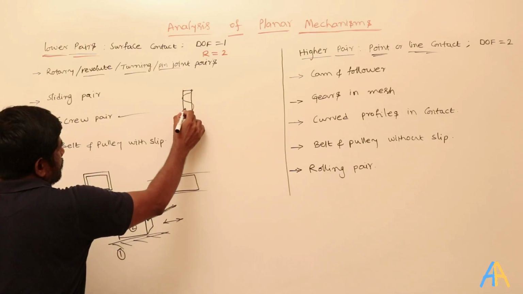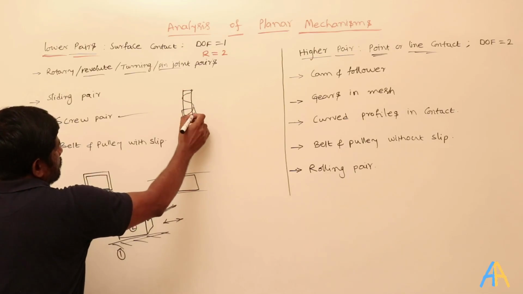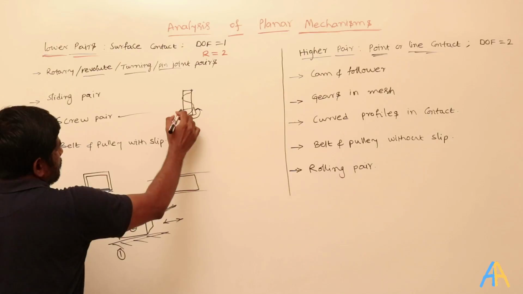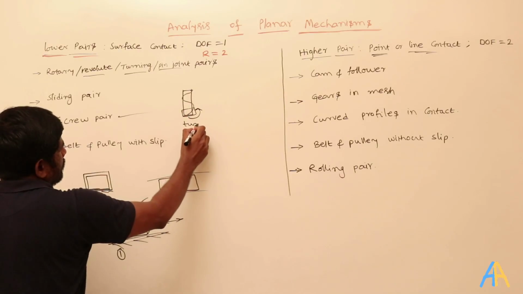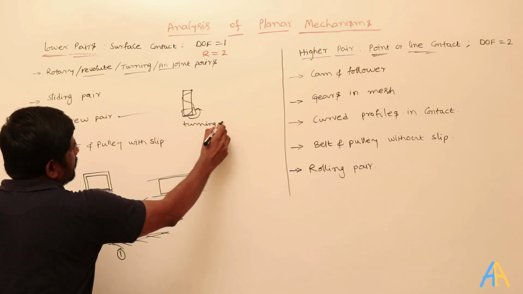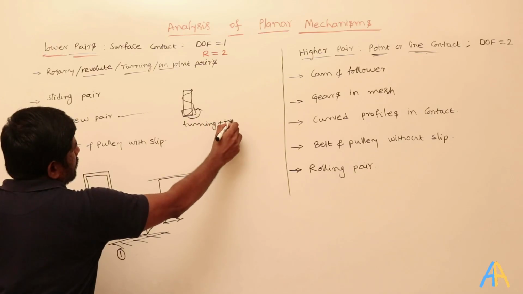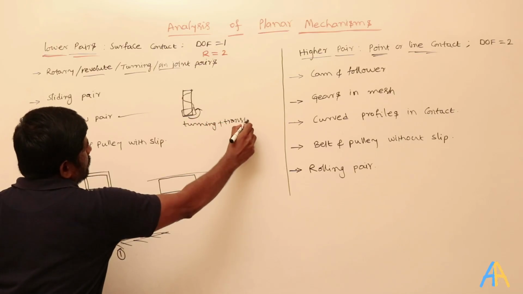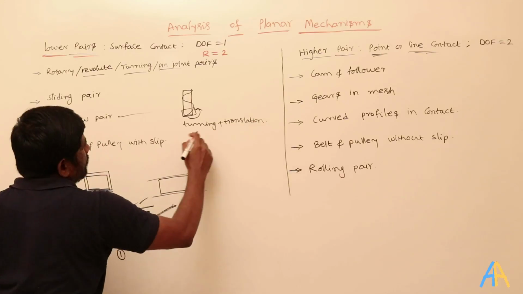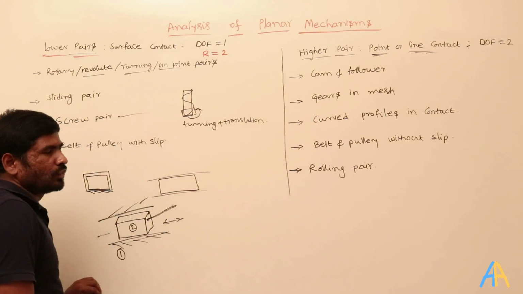There is a cap on this. When I am turning this cap, then what is happening? It is turning, as well as climbing. Okay, translation. So how many movements are possible?